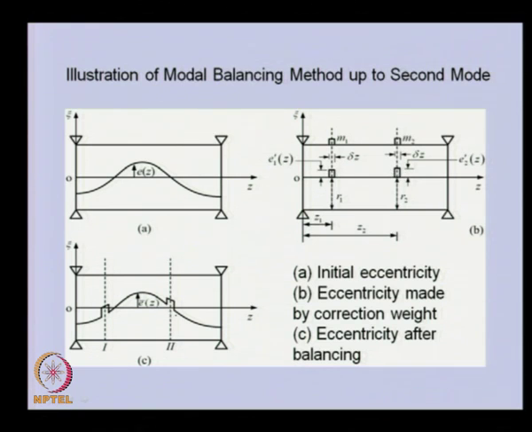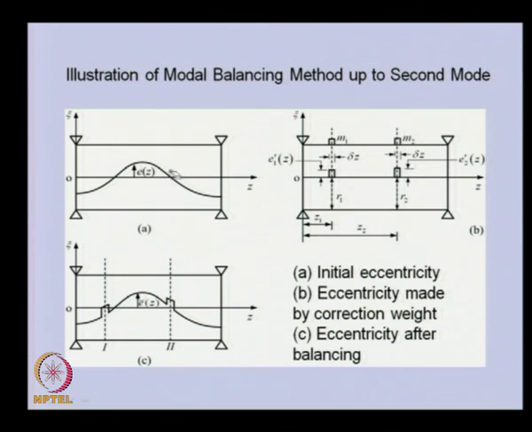Now this is the superposition of these two. To balance this particular eccentricity, which is the residual eccentricity in the system, we have put two masses. How will the eccentricity vary? This side is a negative direction, and this eccentricity will add up to give this particular shape.